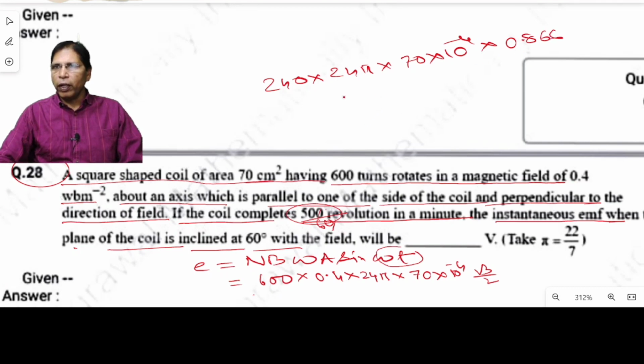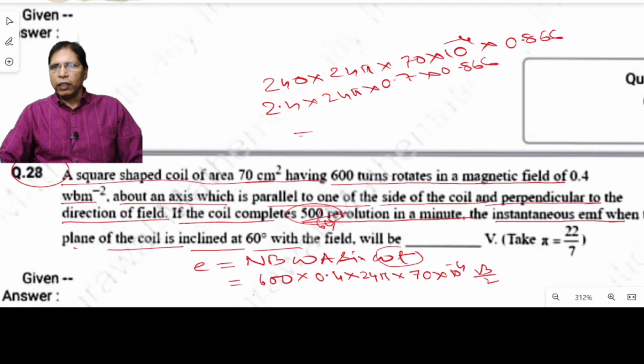Okay, no problem. Now look at this. This is the 0.7 and this is the 2.4. So look at this, 2.4 into 24 pi, this is the 0.7 into 0.866. Okay, this equal to almost 110 volt.